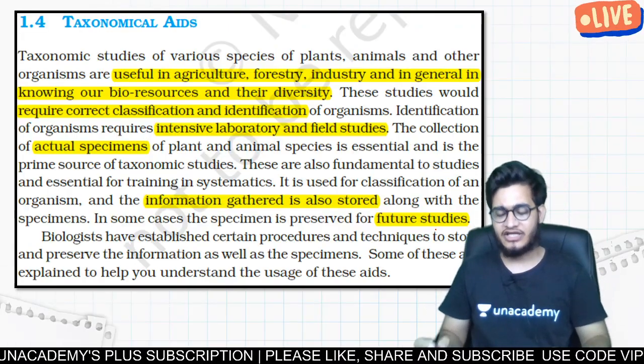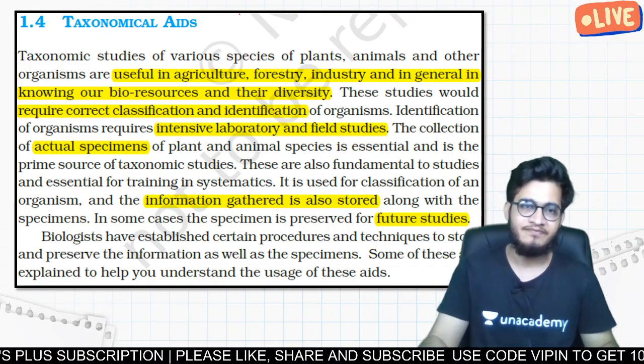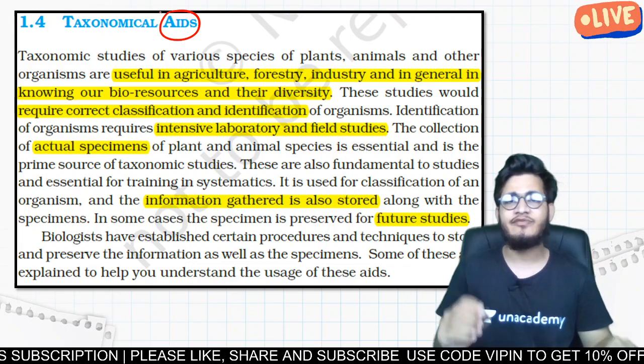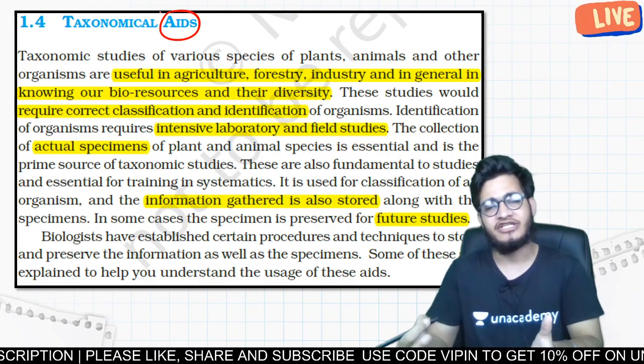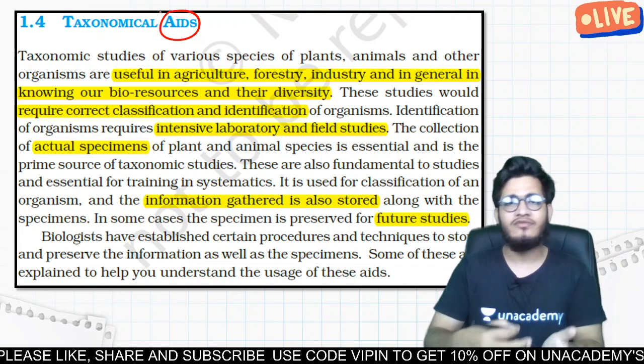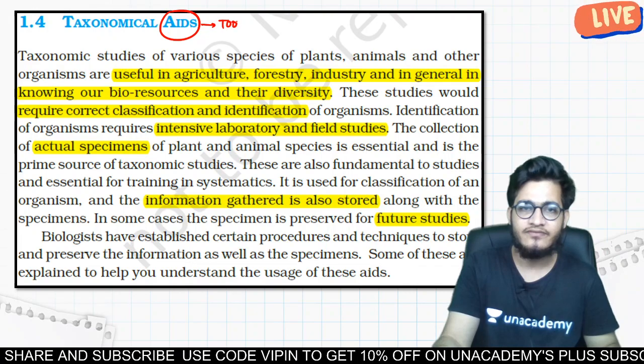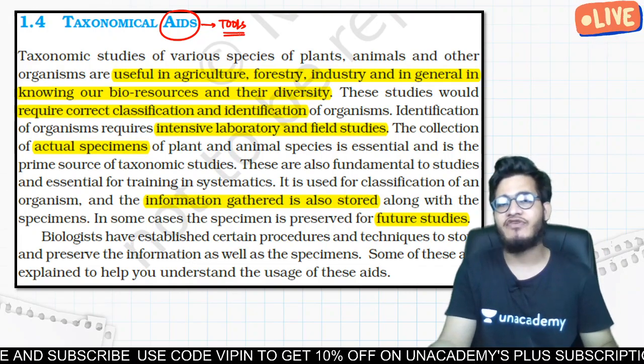So let's proceed in the discussion of the living system and let's talk about the taxonomical aids. Aids means something that helps in supplementation, or some tools that help in research. So these are aids, which simply means tools. It's not acquired immunodeficiency syndrome.